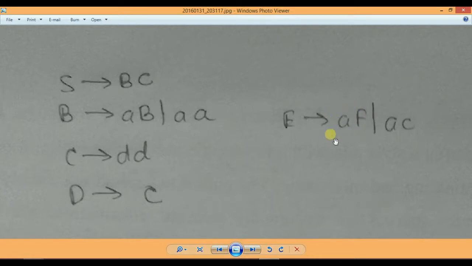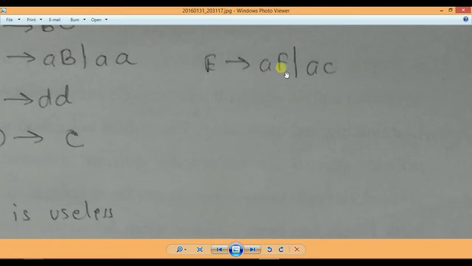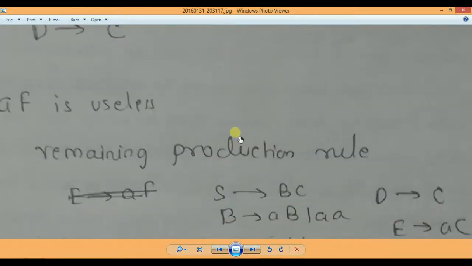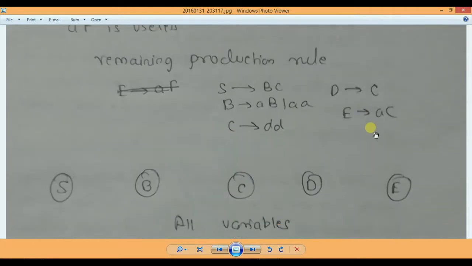F is unknown. That's why AF is useless, and E equal to AF has to be removed. After removing, the production rules become S is BC, B is AB or AA, C is DD, D is AC.